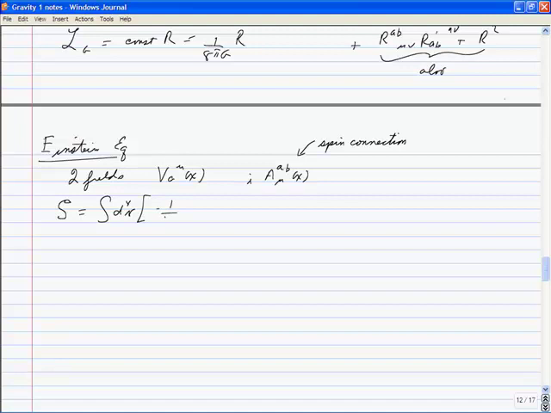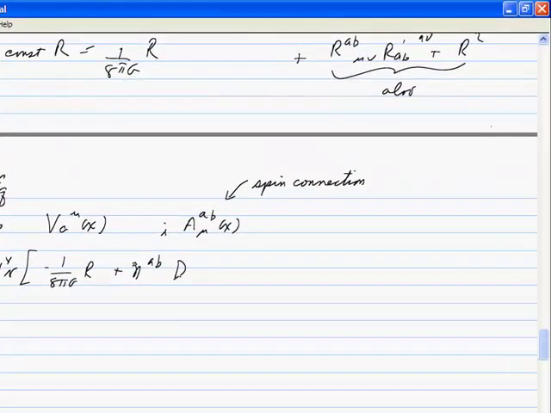There'll be this, minus 1 over 8πG R plus η^{ab} covariant derivative a of φ, covariant derivative b of φ. Okay, so there's our fields.